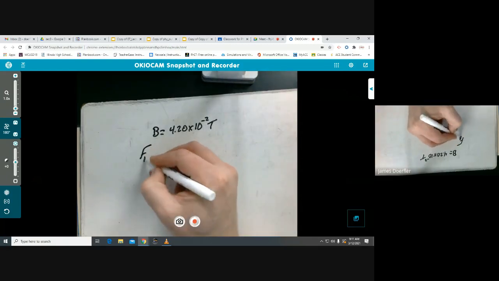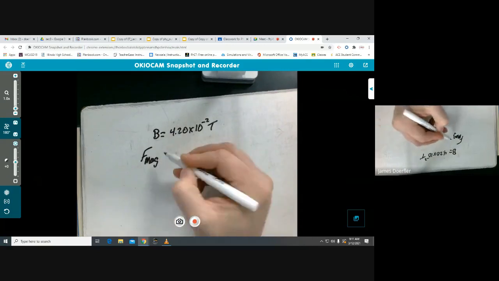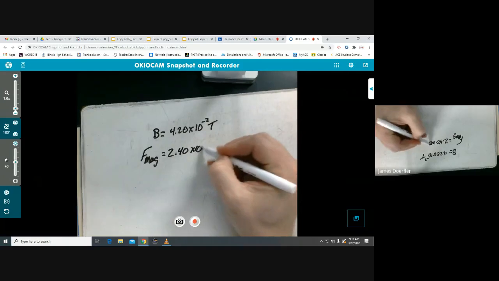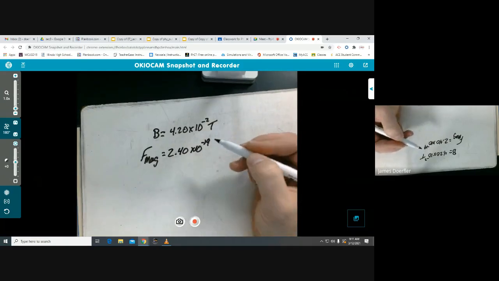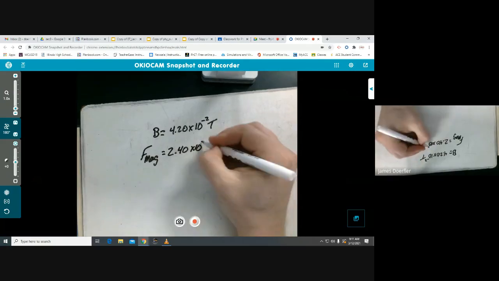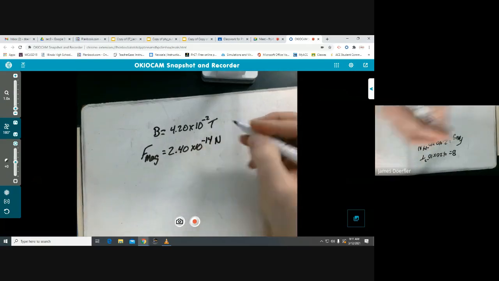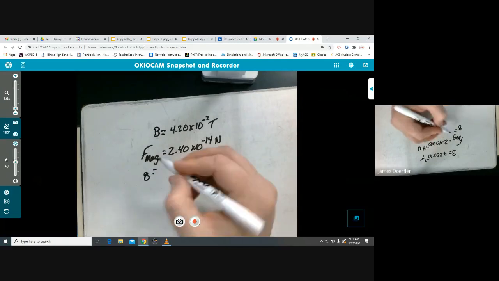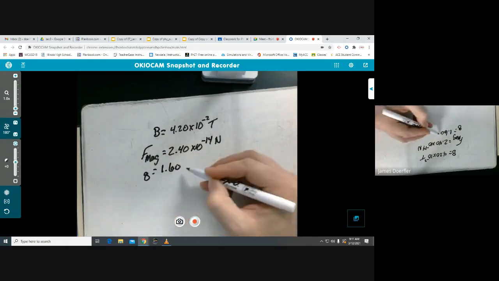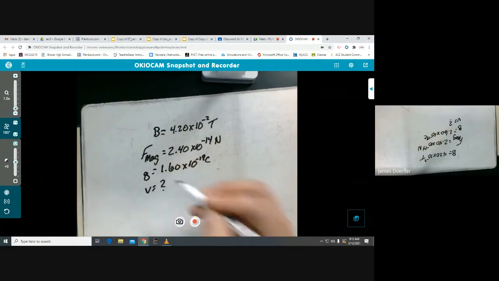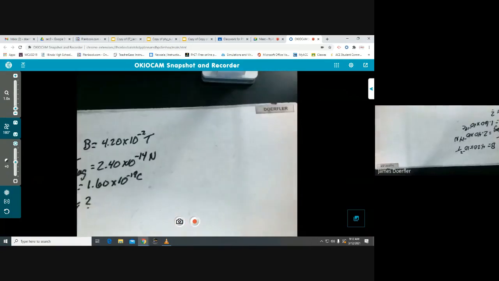We also know that our F mag, for F magnetic, is 2.40 times 10 to the negative 14th newtons. And our Q, which we're, again, talking about a proton, 1.60 times 10 to the negative 19th coulombs. We need to figure out the speed.